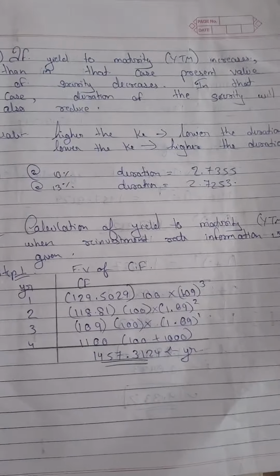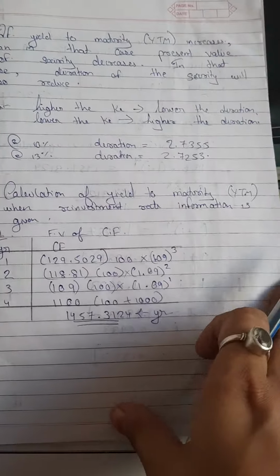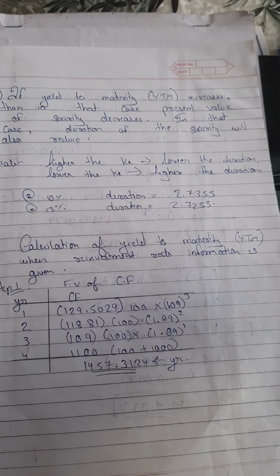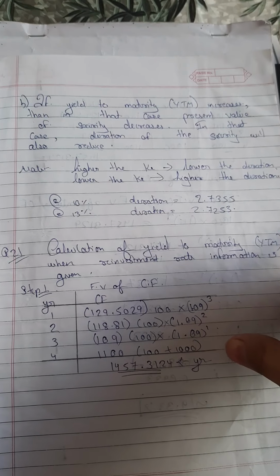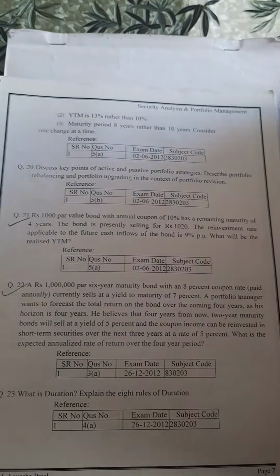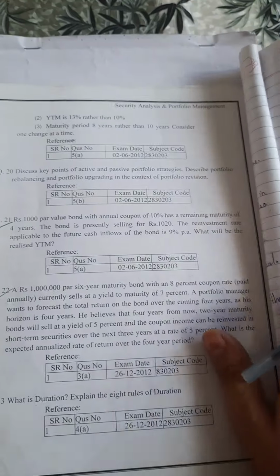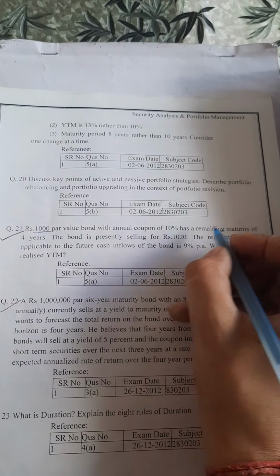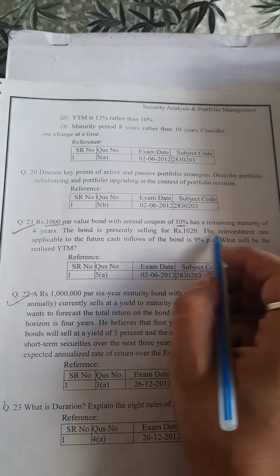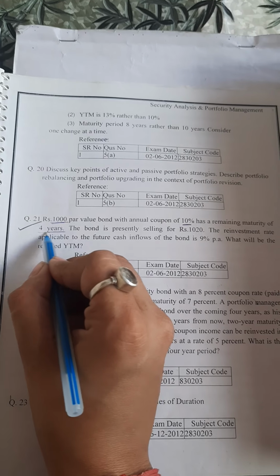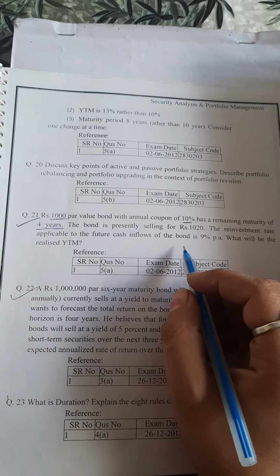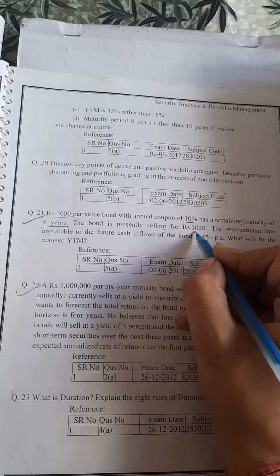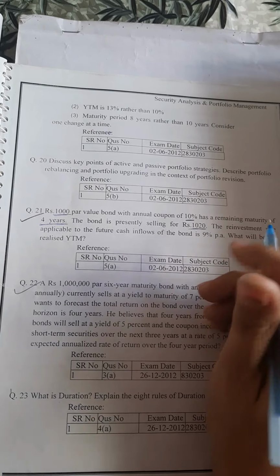Right. First step for calculating yield to maturity when reinvestment information is available. What will we do? For 1000 par value, 10% coupon, remaining maturity of 4 years, the bond is presently selling at 1020.